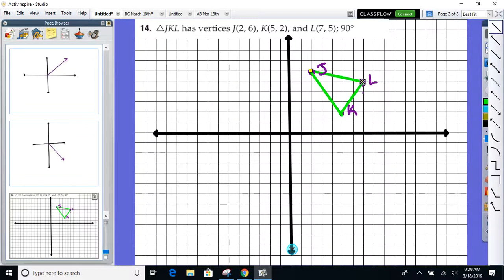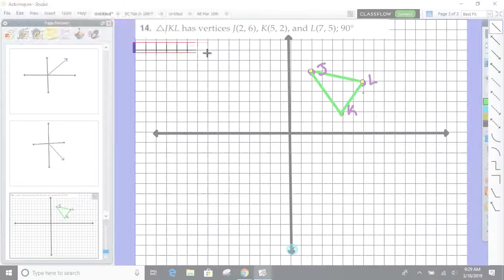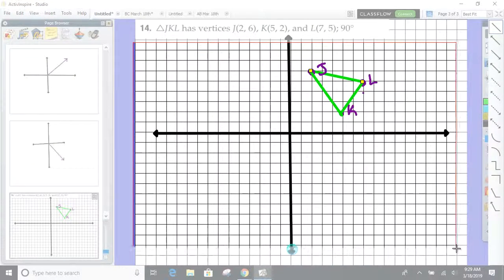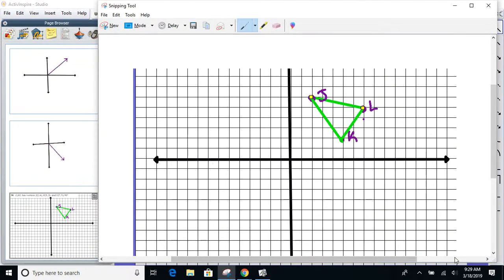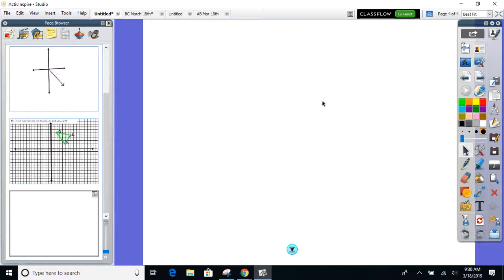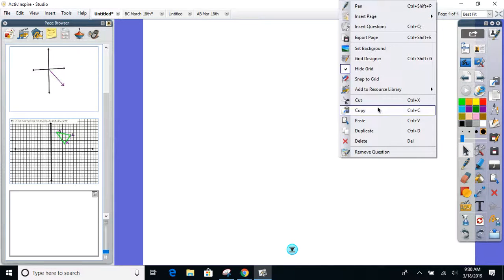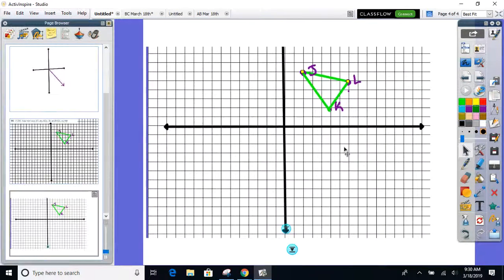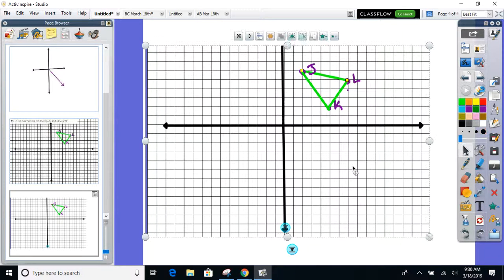Try to do the same thing I just did. Let me cut out this whole graph here. Let's copy it. It's a new one. Okay, here we go. Everyone ready? Counterclockwise right now.